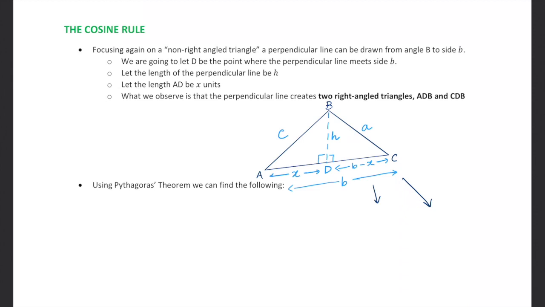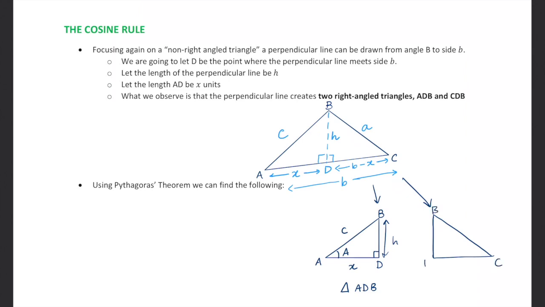So I'm going to draw my two right angle triangles. The first one being triangle ADB. Then we've got our other right angle triangle, which is going to be C, B, and D. So using Pythagoras' theorem, we can find the following.